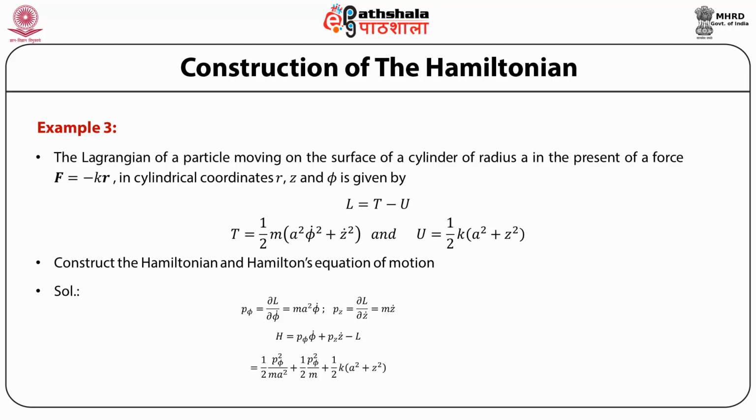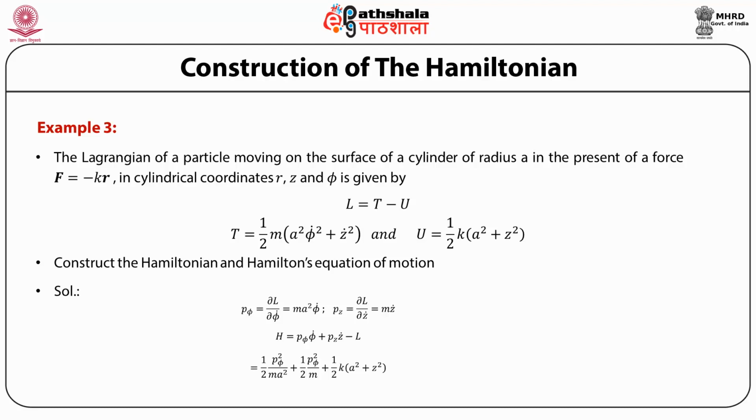The momentum conjugate to the coordinate phi, namely p phi, is equal to the partial derivative of L with respect to phi dot, which from the expression above is m a squared phi dot. The momentum conjugate to z is p z equal to dL by d z dot, which is m times z dot.